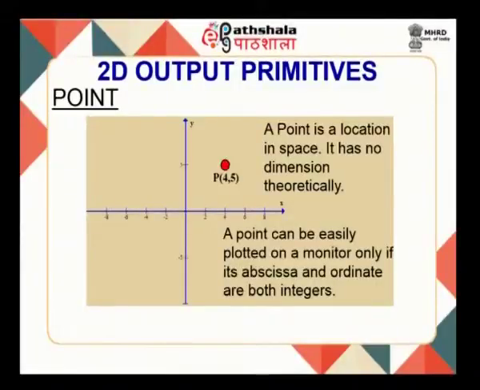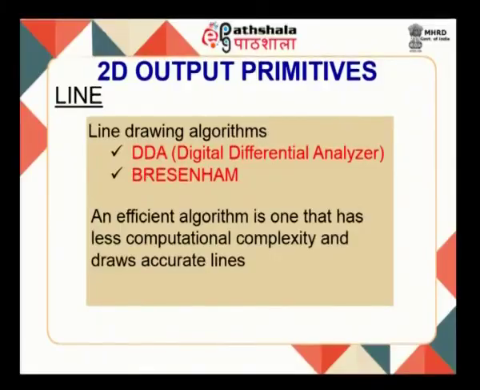As we know, on monitors the x positions and y positions that we refer to are integers, and there are no floating point values. For example, you cannot plot a pixel on a monitor for a value like 4.5 and 5.7, there is no such pixel on the monitor. So, you have to either round it off, or you can have only integer positions on the monitor. That is an important observation.